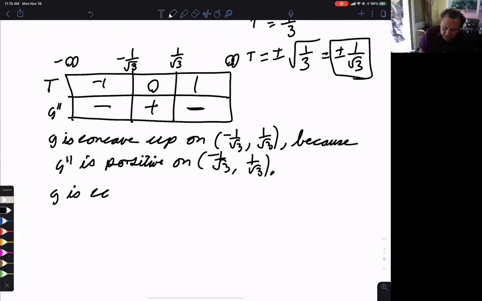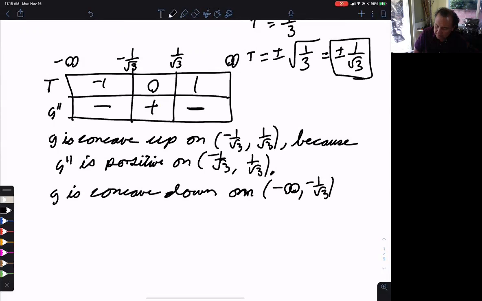G is concave down where? On 2 intervals. -infinity all the way up to -1/3 and 1/3 to infinity. Okay, again, that region and that region.